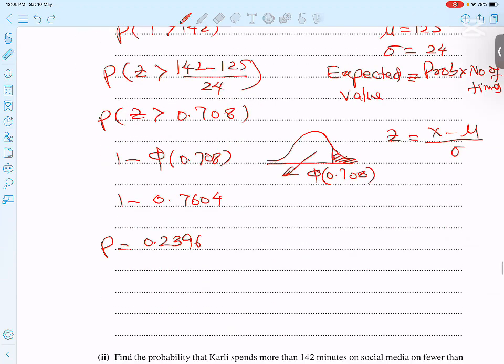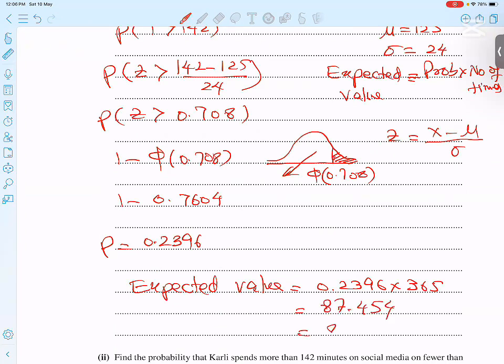This is the probability I got, and I will plug it into the formula. As you know, expected value, expected time, or whatever is expected: the probability is 0.2396 into 365 days of the year. It turns out to be 87 point something. Let me check once again the exact number. It is coming to 87.454.